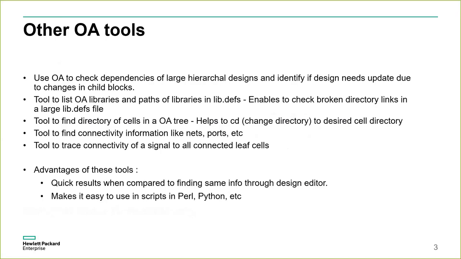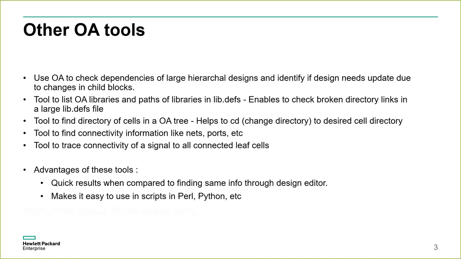So the next tool we developed is when we started facing problems with the broken links in a big libdefs file, and it was pretty hard to find. So we developed a tool which checks for the broken directory links in a given libdefs file.